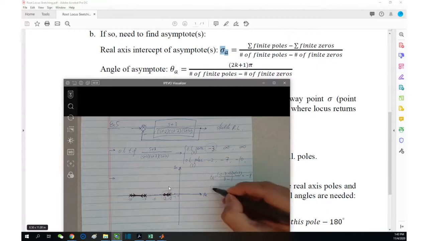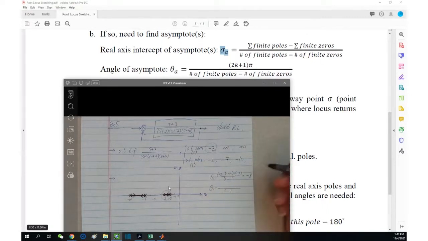And theta A is what? The denominator remains the same, 3 minus 1. The numerator is an odd number of pi. Therefore, it is positive or negative pi/2. Take a look at this and see if there are any questions. Which specific number needs to be explained?